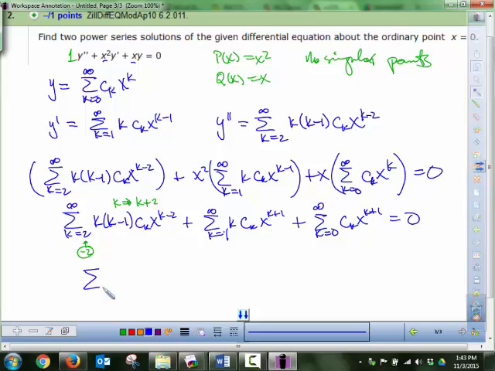So subtract 2 from the index. I actually start with 0 to infinity. Now I have to add 2 to all the k's that I see here. I got k plus 2, k plus 1, c sub k plus 2, x to the k.